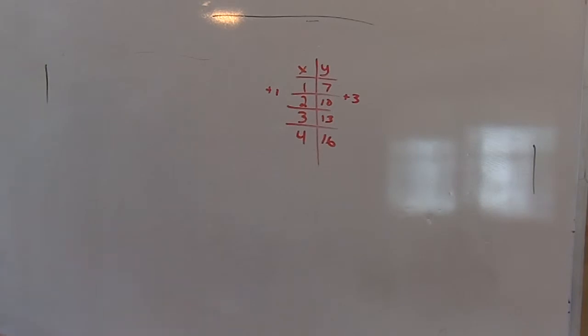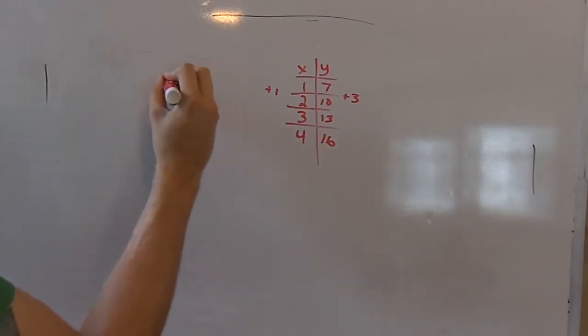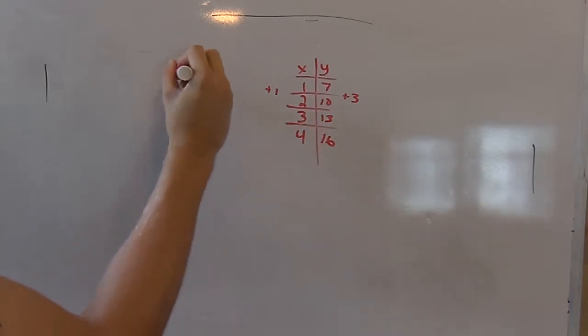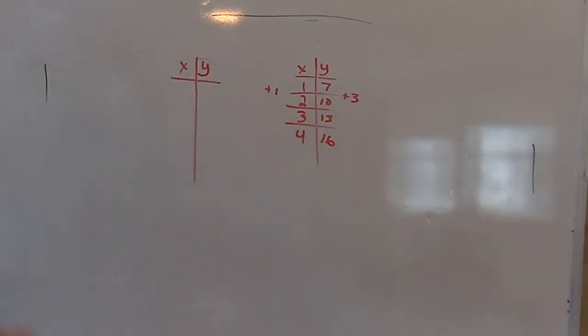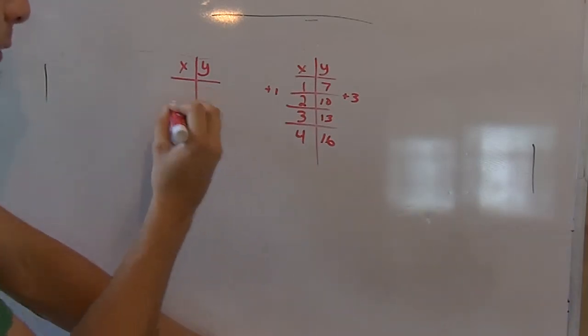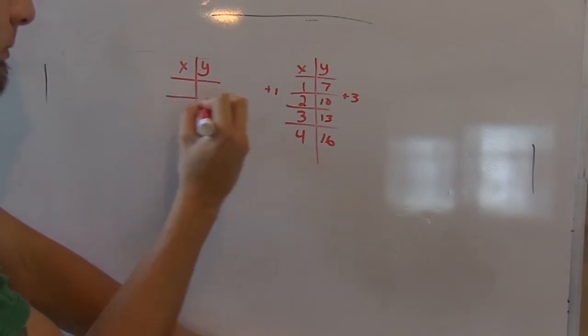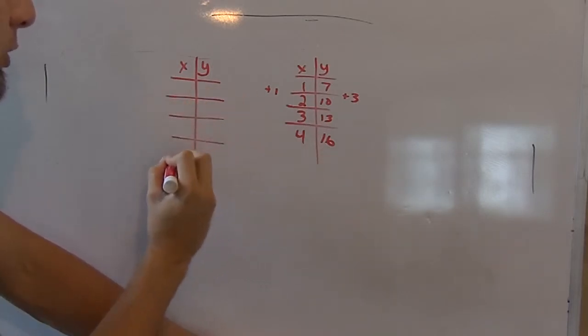But this was not what you would call a proportional linear relationship. A proportional linear relationship is when your x and y coordinates create the same ratio. When you take the y over x, when you take the y coordinate and put it over the x coordinate, you create the same ratio.